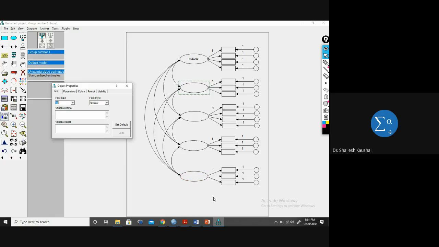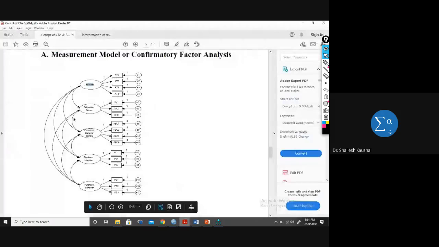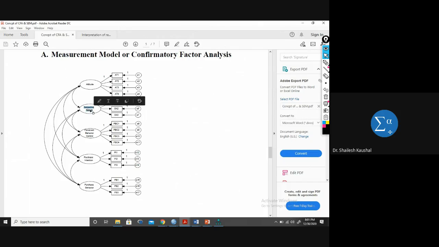The second construct name is subjective norm. I can write it manually, but it is better to copy and paste, because there should not be a spelling mistake.